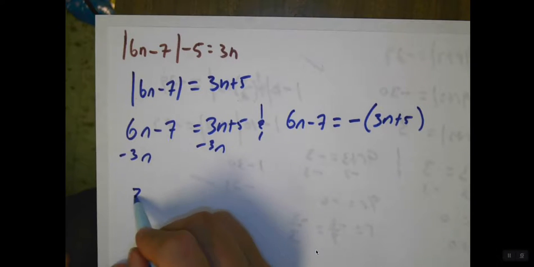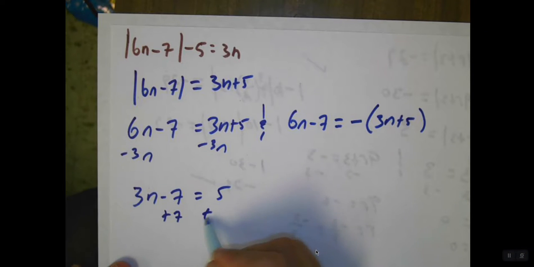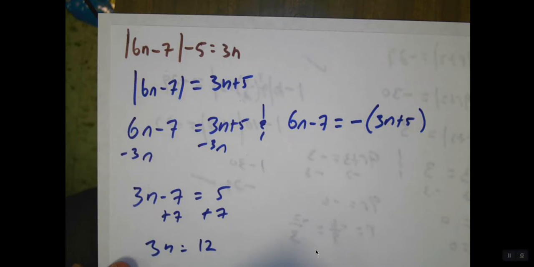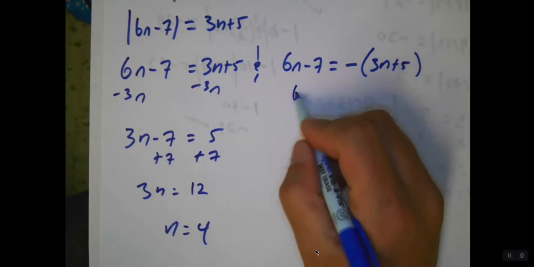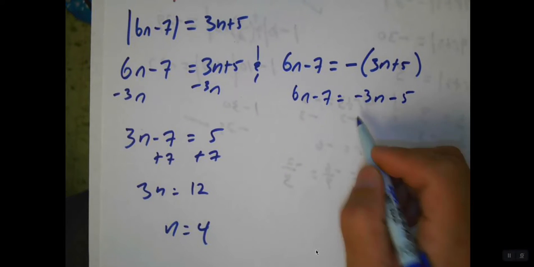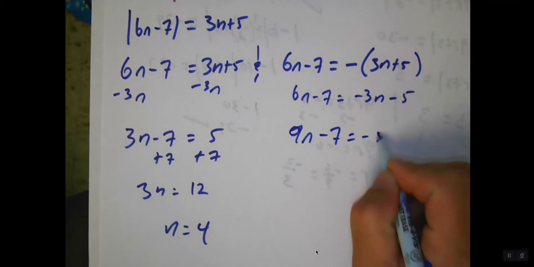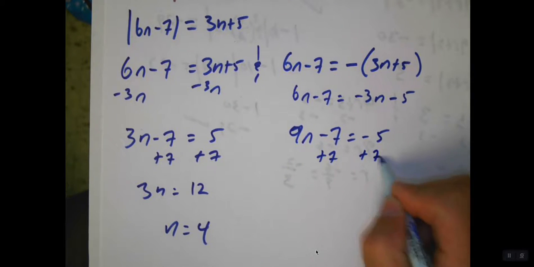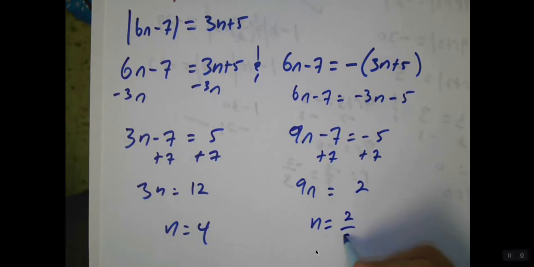So you get 3n minus 7 equals 5, add 7, 3n equals 12, so n is 4. This one, you distribute that negative through. So I'm going to add 3n, so I get 9n minus 7 equals negative 5, add 7, 9n equals 2, n equals 2/9.